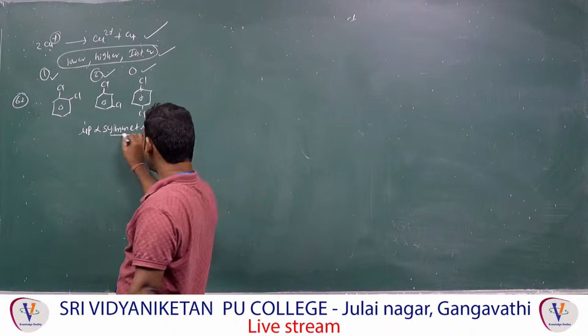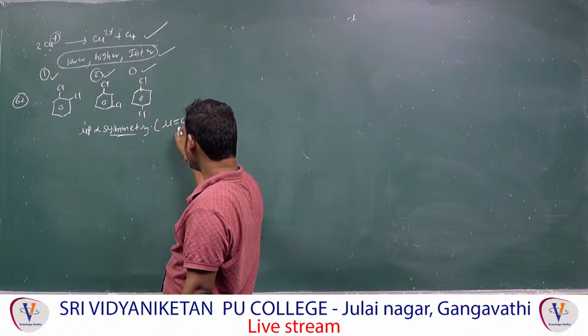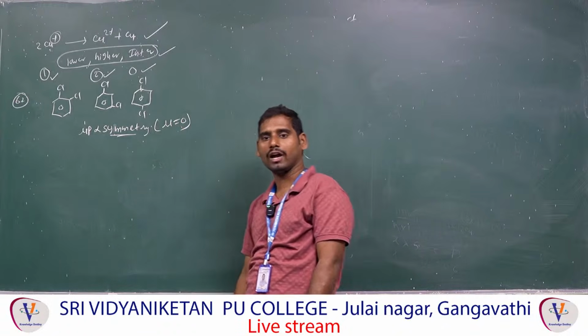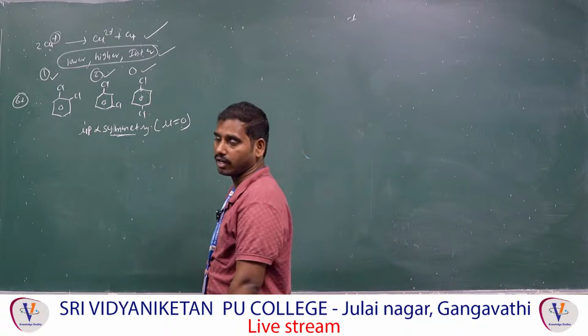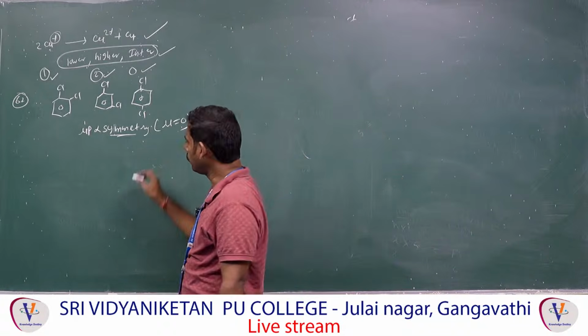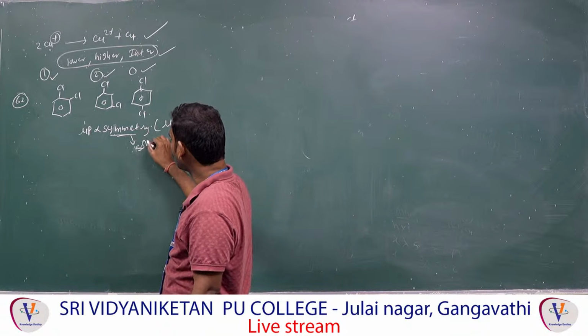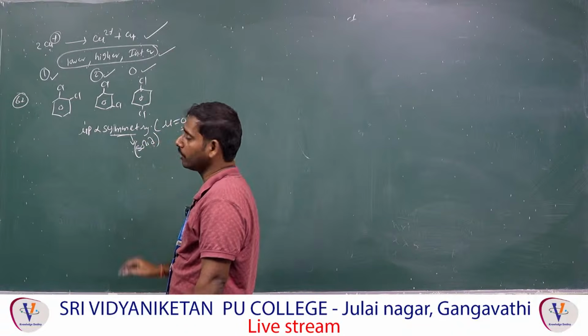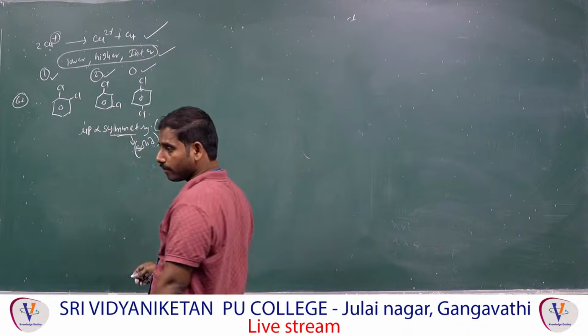So melting point, symmetry will be decided by dipole moment. So mu equal to 0, that compound is non-polar. Non-polar means that molecule is called a symmetrical molecule. Symmetrical molecule means, from our understanding point of view, those are solids. So solids have higher melting point than liquids and gases. In these 3, which one is solid?